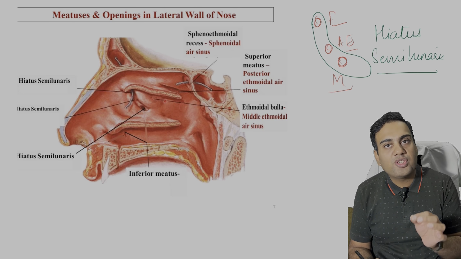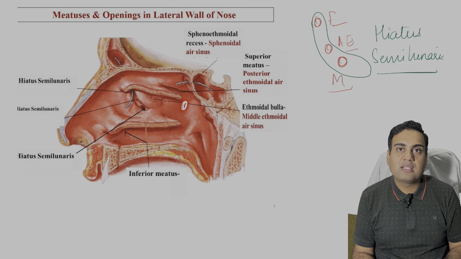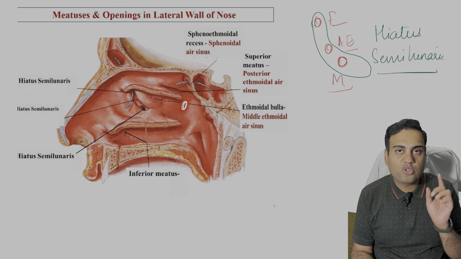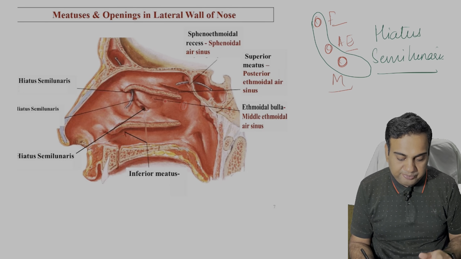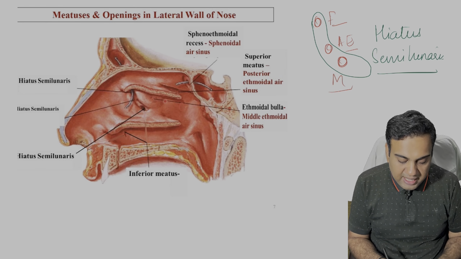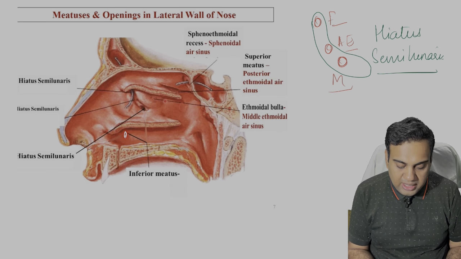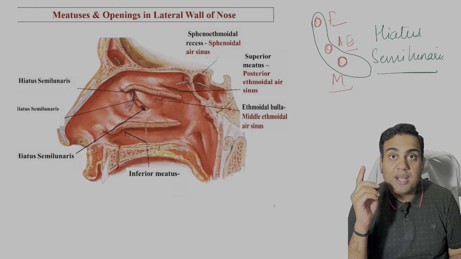The site of origin of JNA is the sphenopalatine foramen. So these are the important structures in the middle turbinate. All right. Middle meatus. And in the inferior meatus, you have got one opening only, and this opening in the inferior meatus is of the nasolacrimal duct.